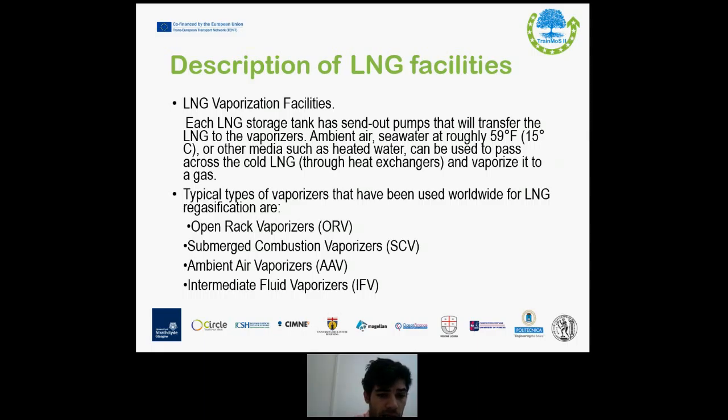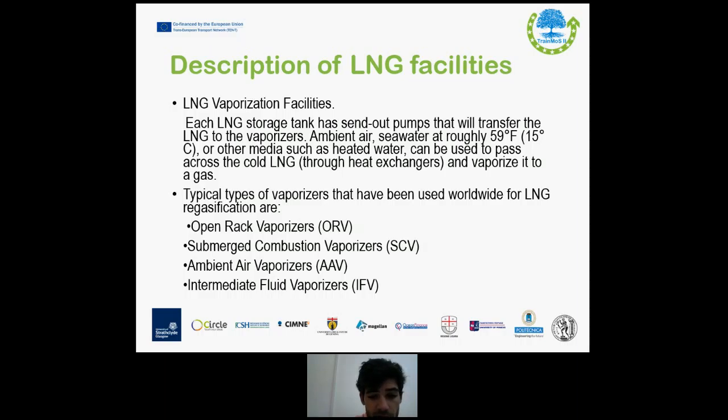Each LNG storage tank has send-out pumps that will transfer the LNG to the vaporizer. Ambient air, seawater at roughly 59 degrees Fahrenheit or 15 degrees Celsius, or other media such as heated water can be passed across the cold LNG through heat exchangers to vaporize it to a gas.